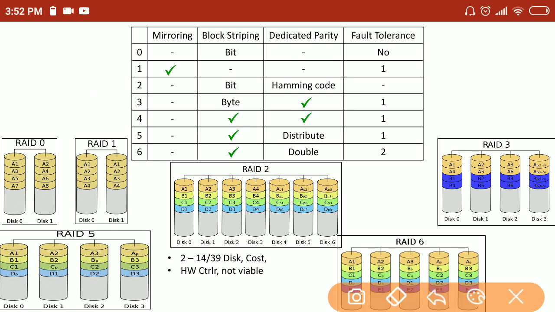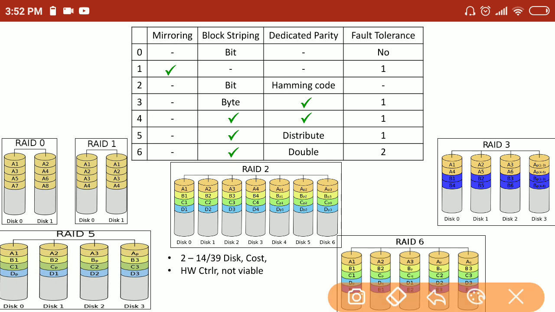Here you can see that in RAID 3 we are using a dedicated drive for parity. And then RAID 4 is similar to RAID 3, just the striping is at block level. In RAID 3 the striping was at byte level, and in RAID 2 the striping was at bit level.